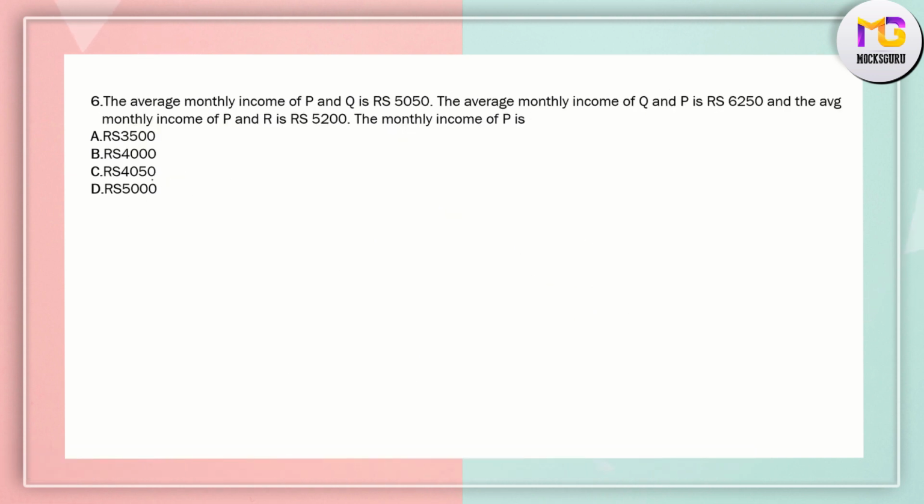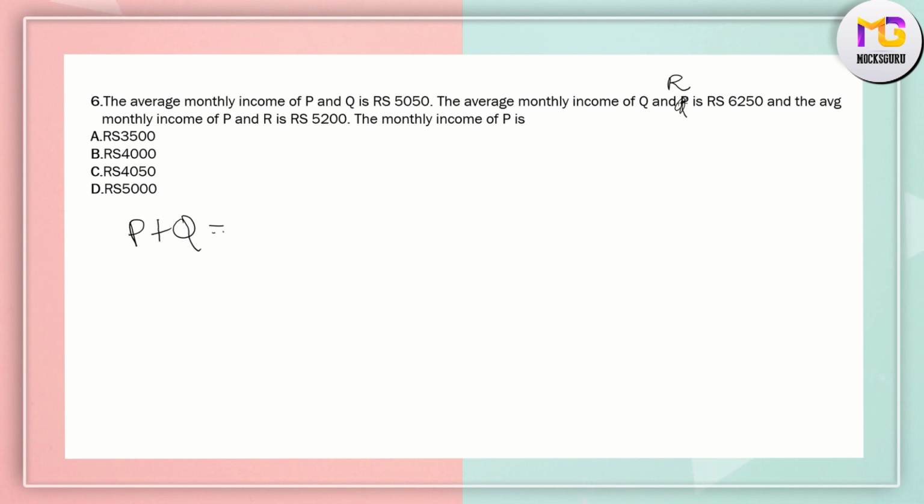Next question. The average monthly income of P and Q is ₹5050. The average monthly income of Q and R is 6250, and the average monthly income of P and R is 5200. The monthly income of P is? Average monthly income of P and Q is 5050.